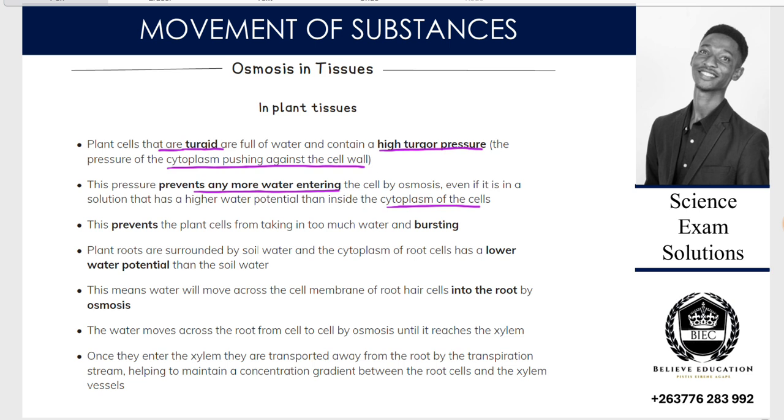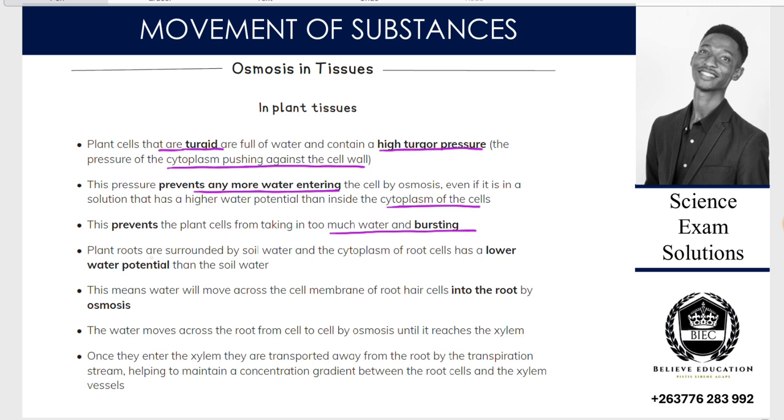So what matters is that if you put it in a place with higher water potential, as long as it is full, what happens? It is full. Are we together? It is only when it is not full that it can absorb some more water by osmosis, because it has been put in a solution of higher water potential. Then this prevents the plant cells from taking too much water and bursting.